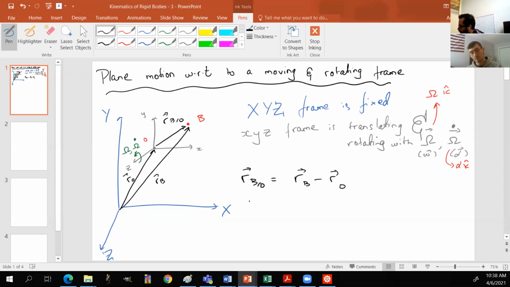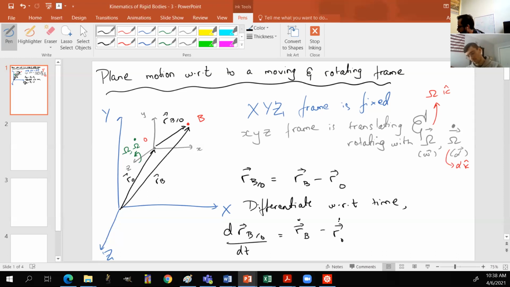So you take the differentiation, and you'll see that d RBO over dt is just going to equal RB dot minus RO dot. So that's just equal to VB minus VO.